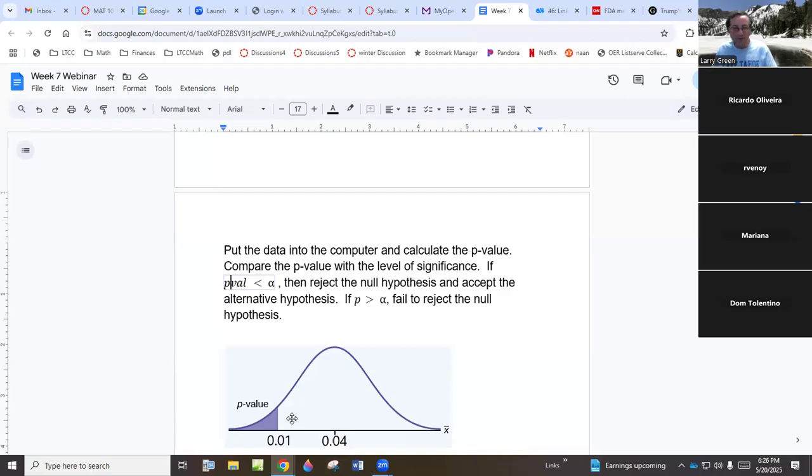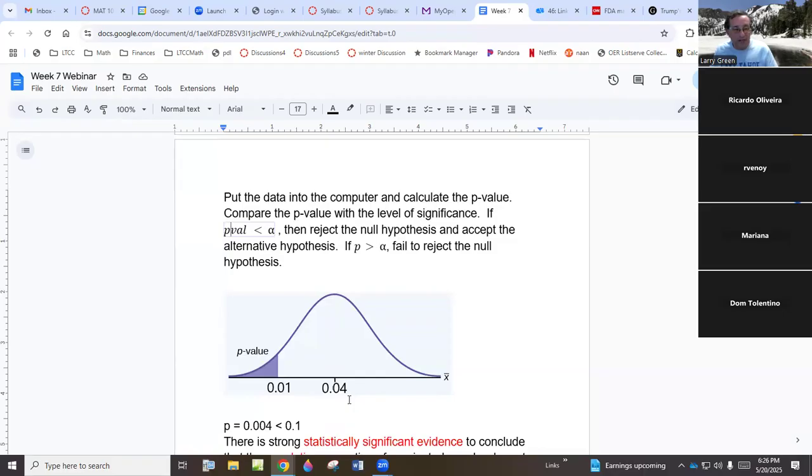You had to compute the probability that, if you did another test of that many people, you would get at least that or more extreme a result than what you got in your test. This is exactly what you had to do in your discussion post assignment in week 5. I know it's been a couple weeks, but hopefully you remember that.